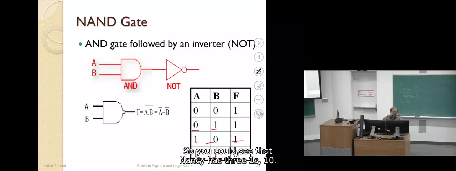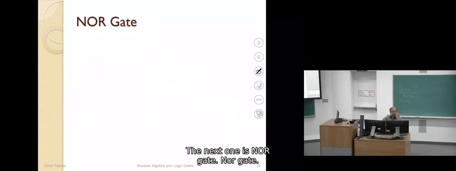So you can see that NAND has three 1s and one 0. When it is 1, 1, it is 0. Otherwise, it is 1.